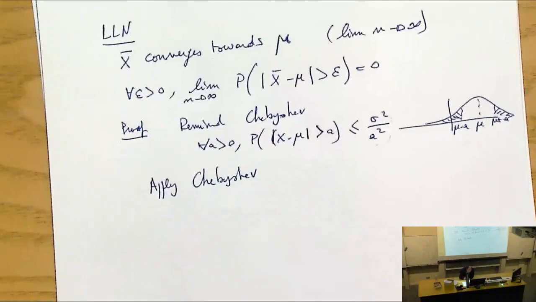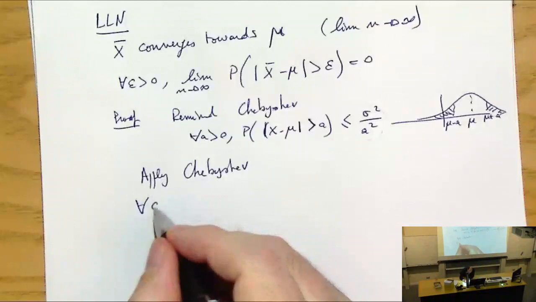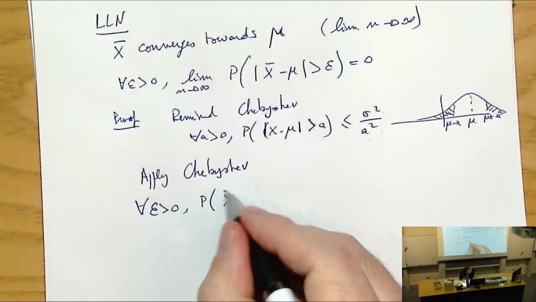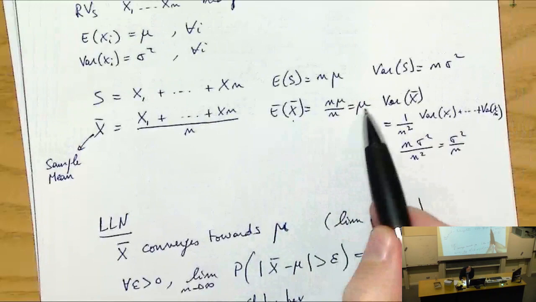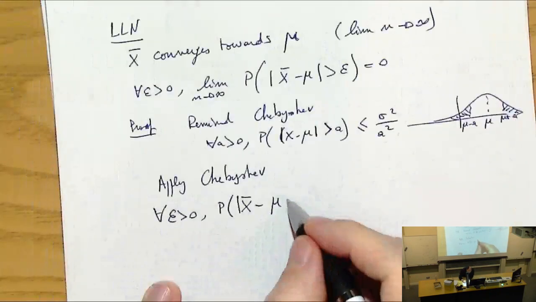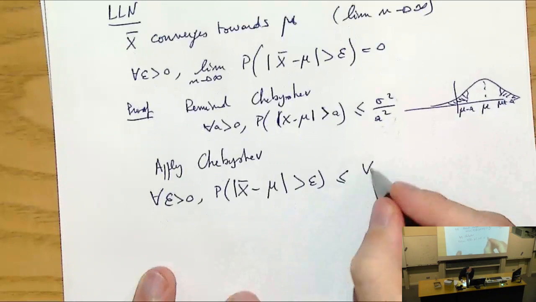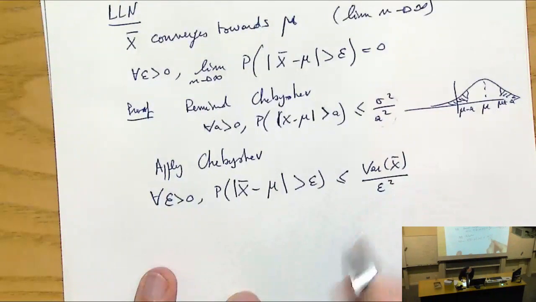to our problem. And so what we can write, I replace a by epsilon. I have for all epsilon positive, the probability of having x bar minus its mean, right? The mean of x bar is indeed equal to mu, minus its mean being larger than epsilon is smaller than the variance of x bar divided by epsilon square.